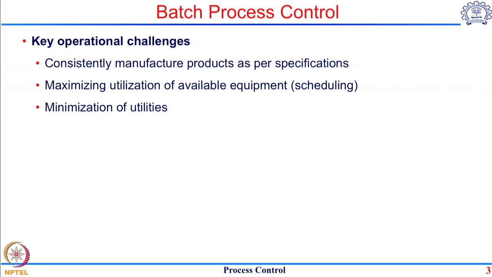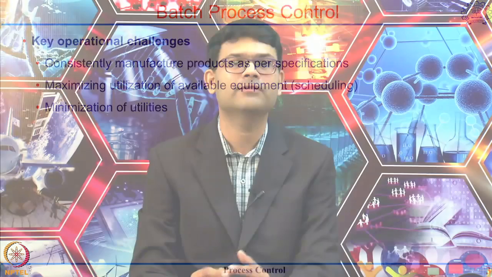The second one is, as you are making different products, typically when you have a batch process, one of the reasons why you have a batch process is that you have seasonal production, or you make multiple products using a similar type of process synthesis route. So a lot of times you end up sharing the same reactors or separation equipment.